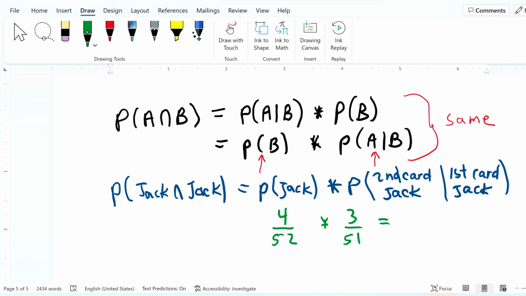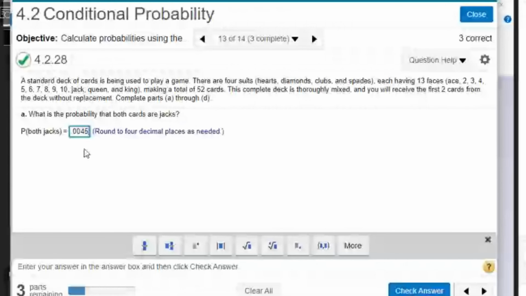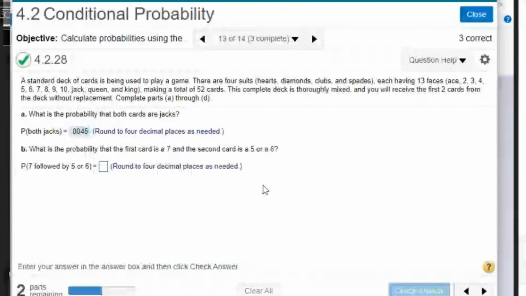So now we have 4 over 52 times 3 over 51, which is 0.076923 times 0.058824, and that is 0.004525. And since my lab wants 4 decimal places for this problem, the answer is 0.0045. Okay, we're not done yet.